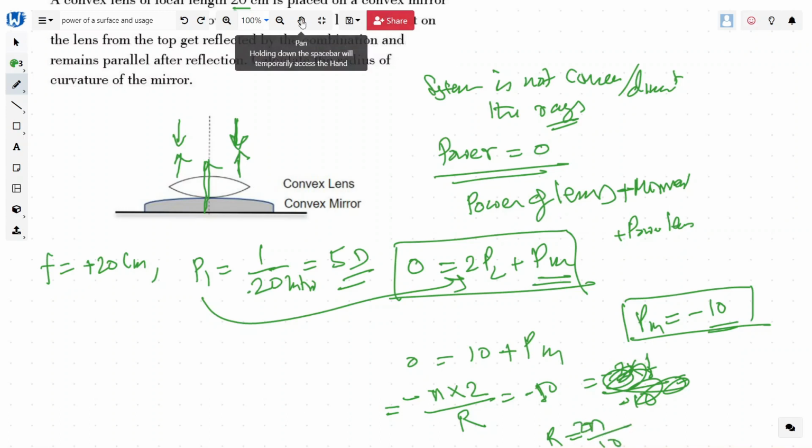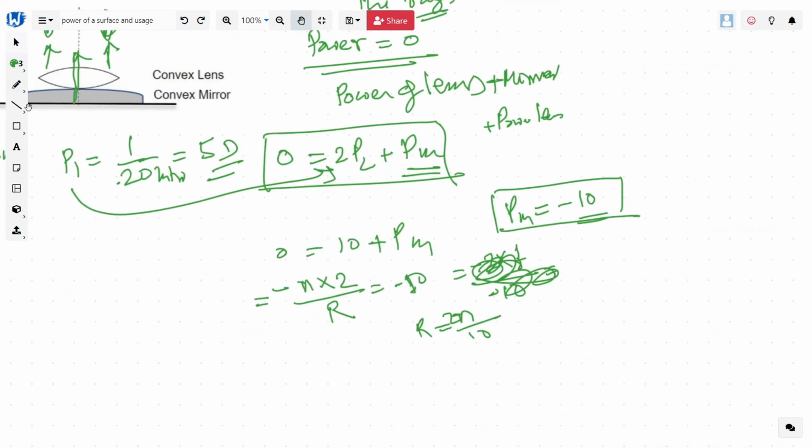Okay, and n is equal to 1, so r is going to be 2 by 10, right, which is 0.5, yeah, 0.5 meters, or you can say, 2 by 10 is not 0.5, it's 0.2 meters, right, or 20 centimeters.